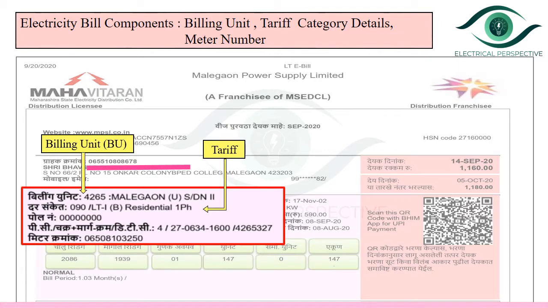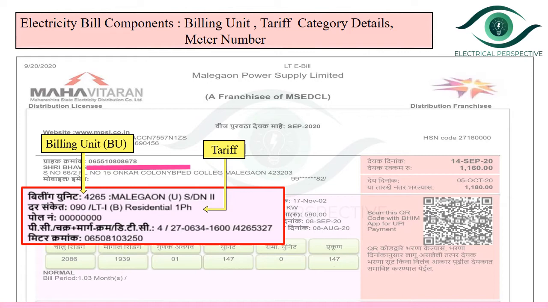Next one is the Dara Sanket, which means the tariff. For a particular consumer, the applicable tariff category is decided on the basis of the type of connection, that is whether it's a single phase connection or a 3-phase connection. Also it depends on the purpose of electricity consumption, whether you are consuming the electrical energy for domestic purpose or for commercial purpose.